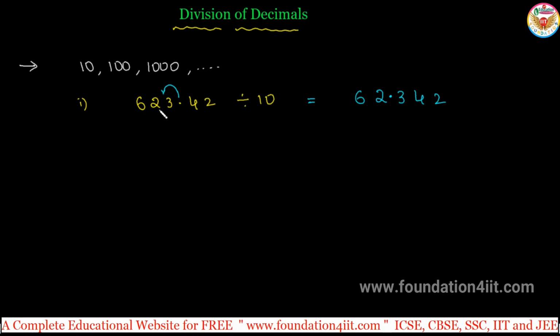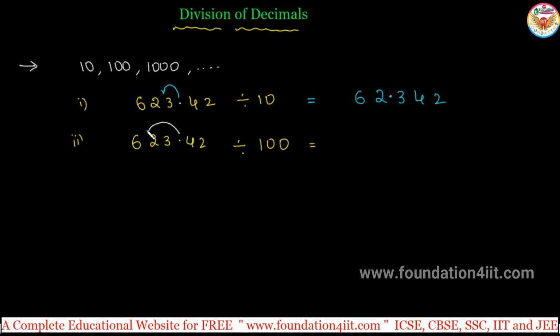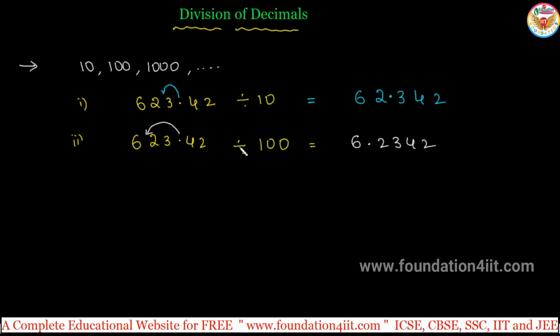See one more example. Same number, 623.42, divided by 100. In this case the decimal point shifts two places because of division with 100. So that is 6.2342. N number of zeros, that many places the point should shift back, to the left side.